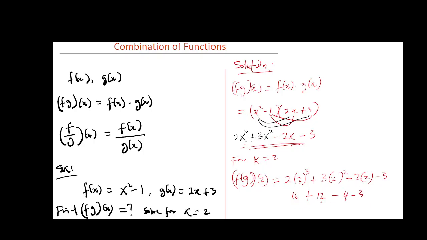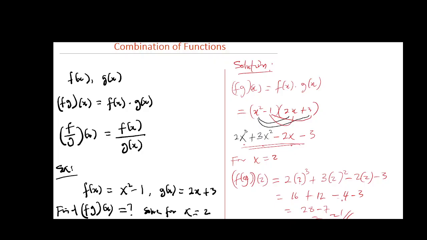So this will give us 28 minus 7, because minus 4 minus 3 is minus 7. So we have 28 minus 7, which will give us 21 as the final answer.